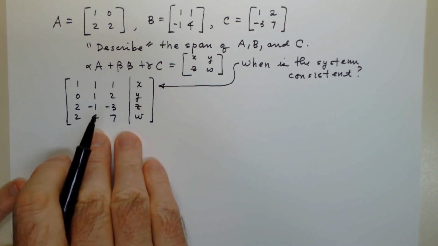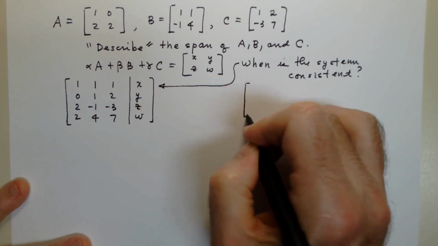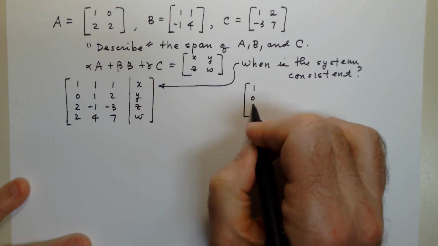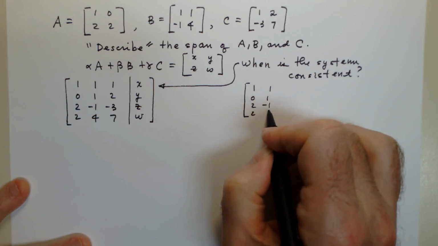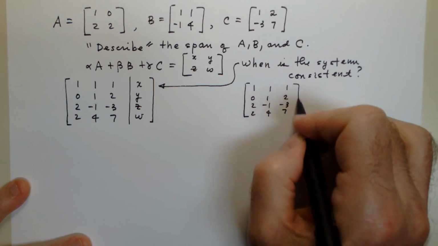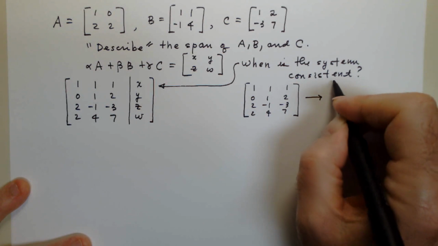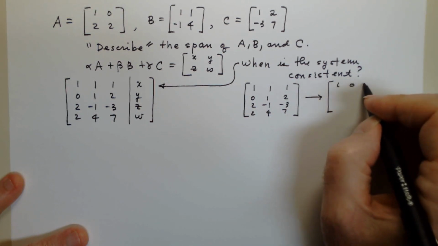I found that this matrix of coefficients, and we saw this in the previous problem, the matrix of coefficients alone row reduces through a sequence of several steps to this matrix.